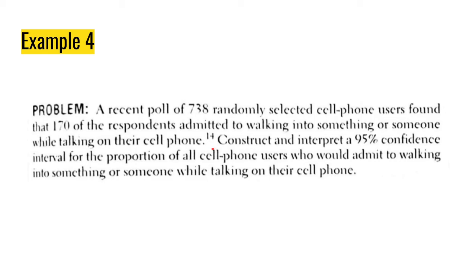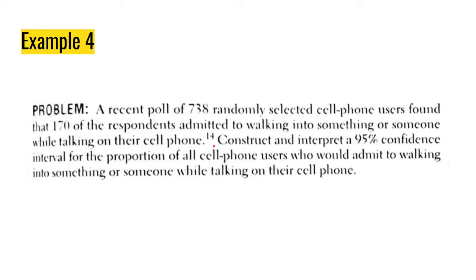Okay, let's keep reading. Construct and interpret. If you see construct and interpret, you need to know, okay, now we need to write down our four steps, our 4-step process.